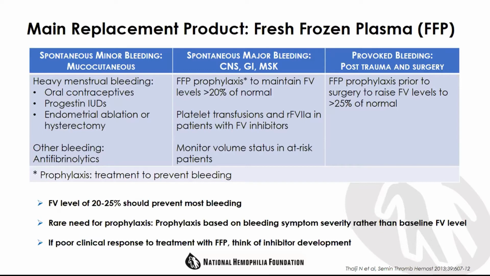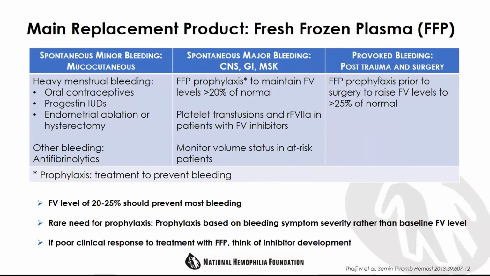However, some individuals cannot tolerate the volume load associated with FFP, and in such cases, one has to resort to giving platelets because they also have factor V. In a rare instance where platelet transfusions and fresh frozen plasma is not bringing the desired clinical response or achieving the desired factor V levels, one needs to think about factor V inhibitors. In such conditions, recombinant factor VIIa needs to be used.